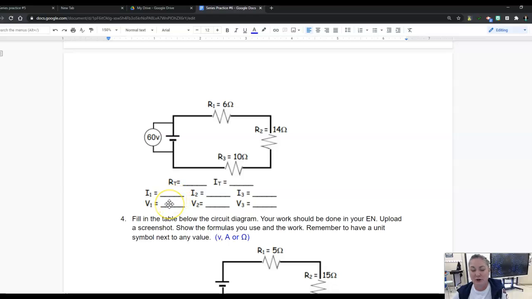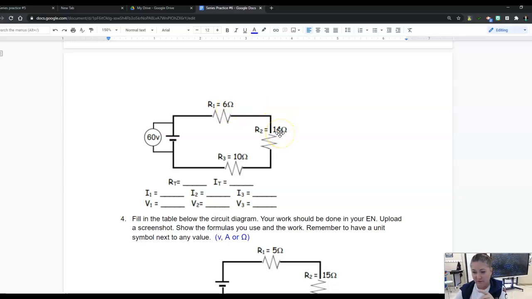And then for finding the voltage across each of these resistors, you're going to take a look at it. So V1, come up here. We know that we have 2 amps running through because we just figured that out. And we have the resistor here, which is 6 ohms. So think V is equal to I times R. So for this one, V is equal to 2 amps times 6.